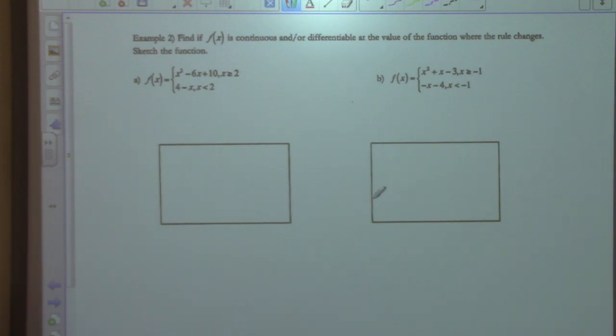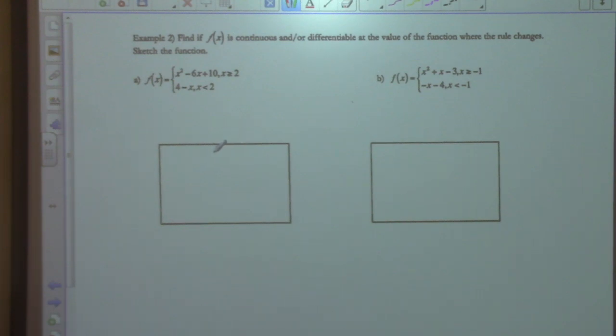I want to tell you one thing. I had a student years ago, I forget her name, but she thought she was really slick, and she was. Instead of testing for continuity first, she went over here and tested for differentiability. She said if f prime equals on both sides, then I know the function is going to be continuous.